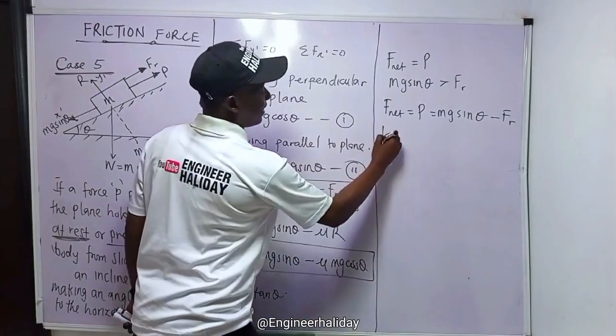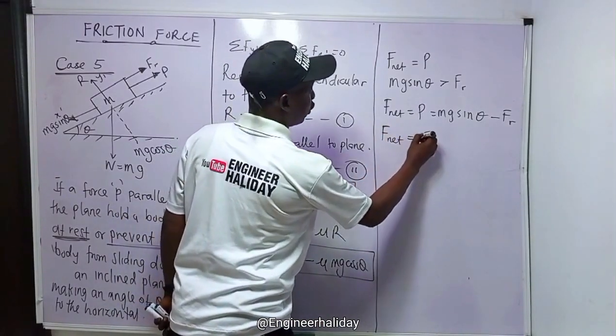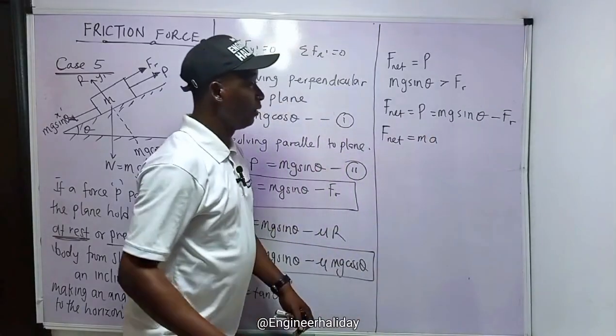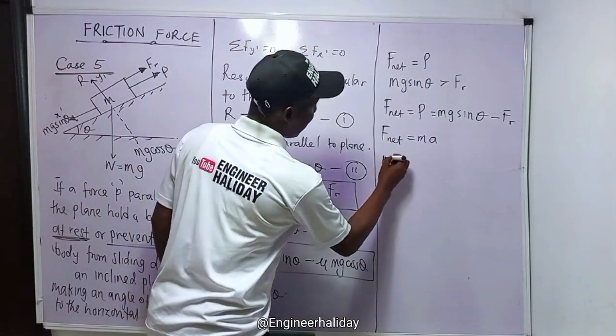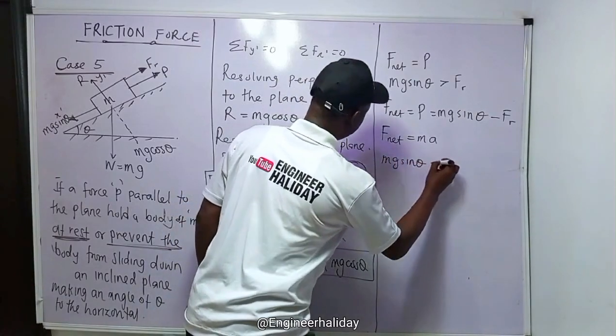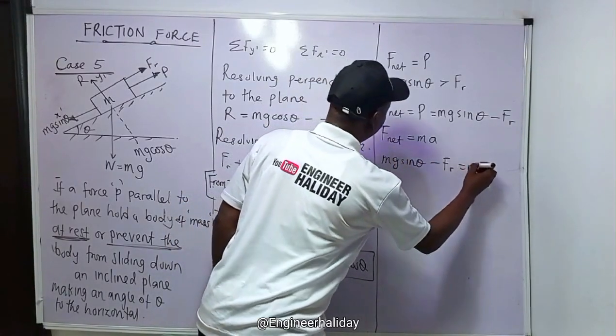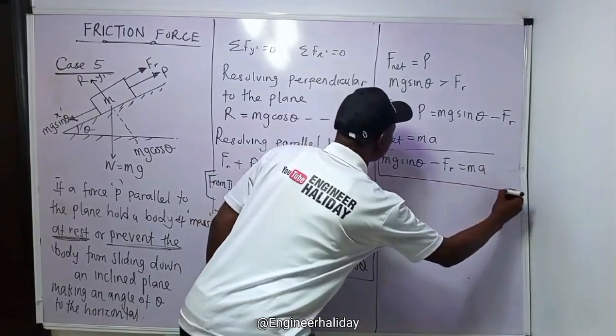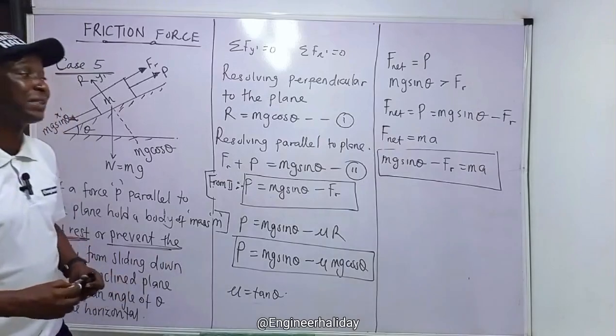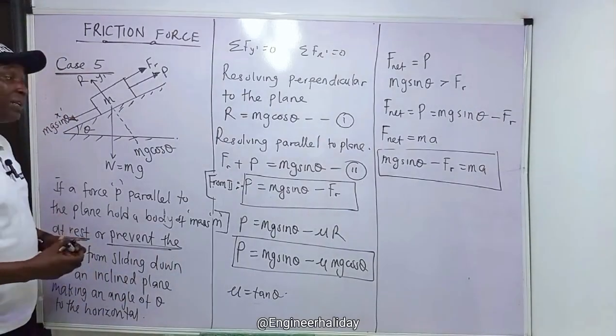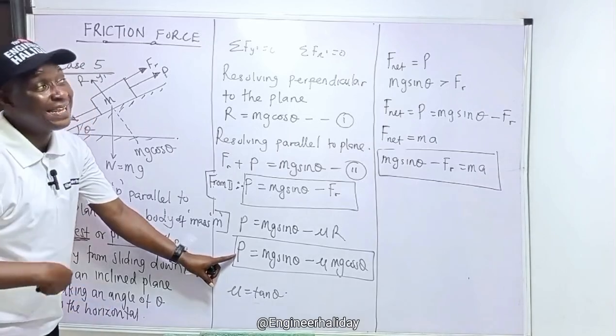Don't forget, net force according to Newton's second law is equal to ma. So mg sin theta minus Fr equals ma. In the case of the body sliding down with an acceleration, P behaves like a net force.